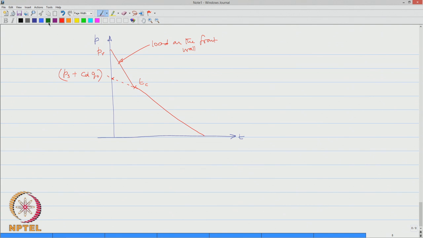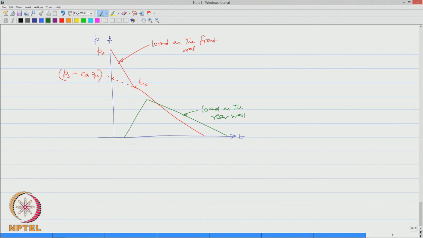Further, let us try to see the load on the rear surface. So, this will have a magnitude which will be indicated in green color. So, this is load on the rear wall. We know the net effect of these two is what we are looking at as the load on the frame.